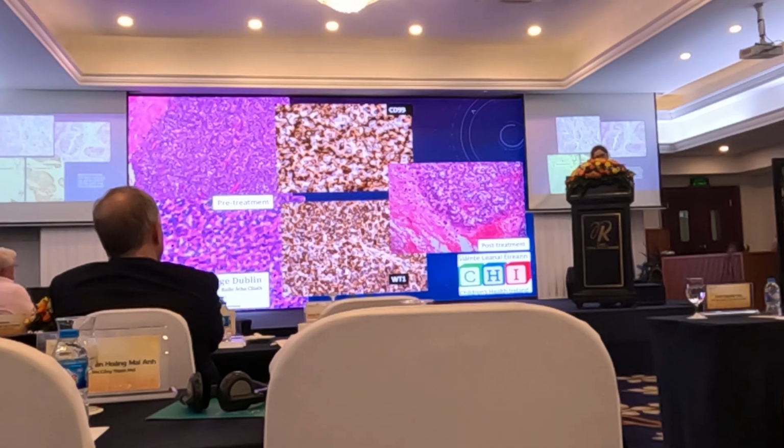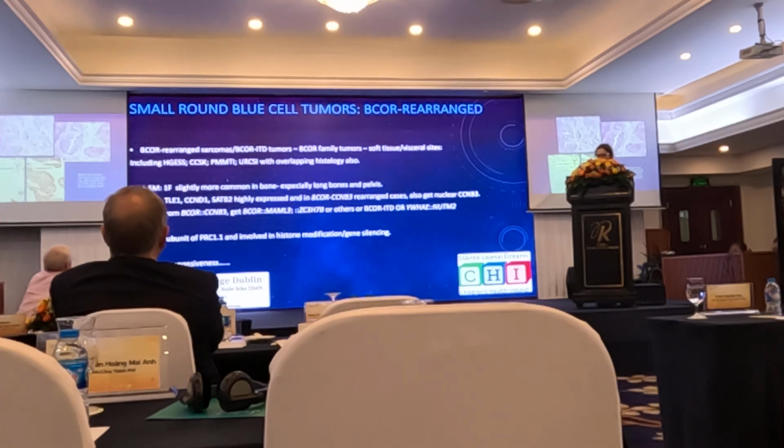WT1 is very strongly positive, so again, this is a clue to us that we may be dealing with a CIC rearranged sarcoma. And unfortunately, post chemotherapy, he really has a very limited response, and that's typical. These cases do not do well. They tend to relapse, and they tend to have very poor outcomes generally.